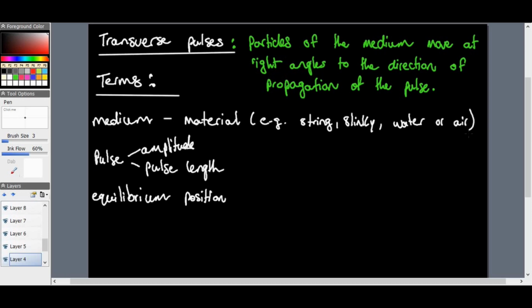Now, a definition for a pulse is that one pulse is what is known as a single disturbance. You can actually see the disturbance happening when you flick a string or even a rope.